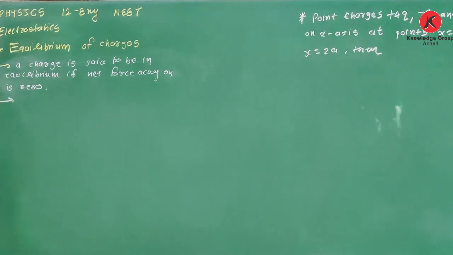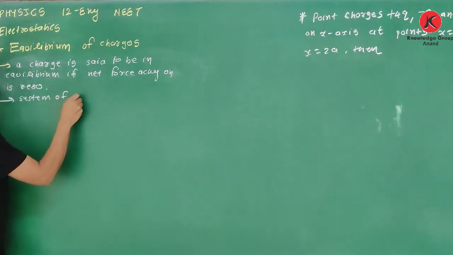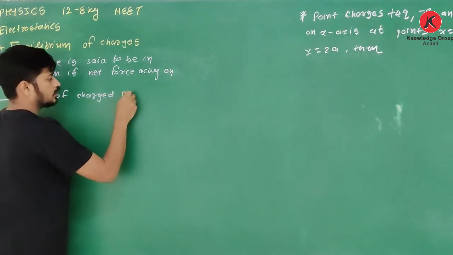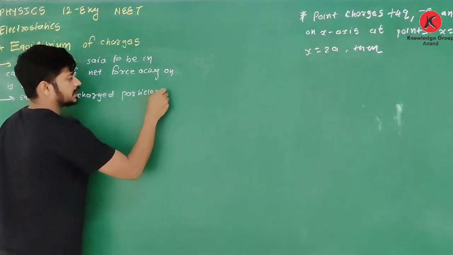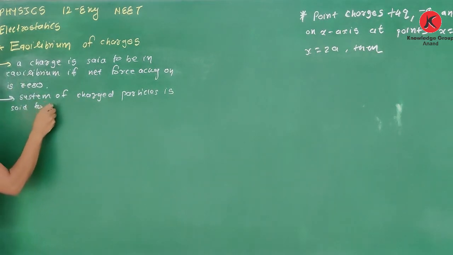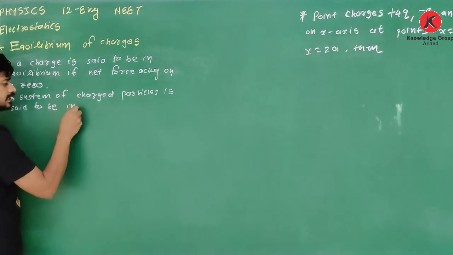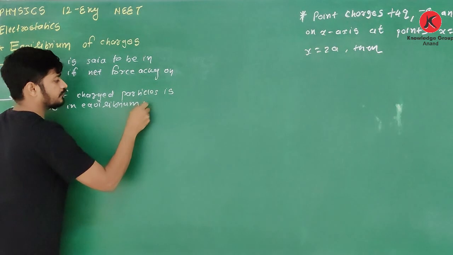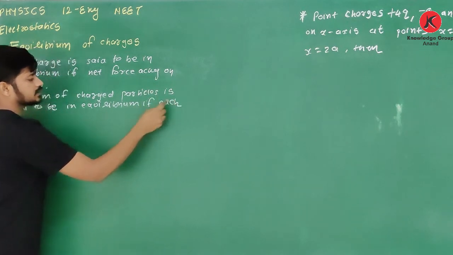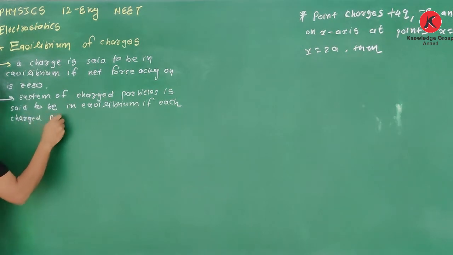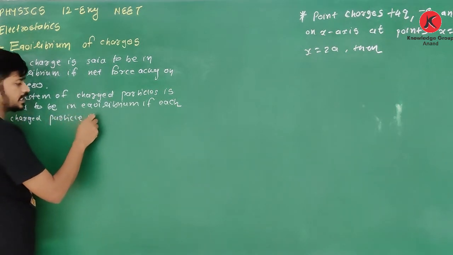For a system of charged particles, the system is said to be in equilibrium if each charged particle is in equilibrium.